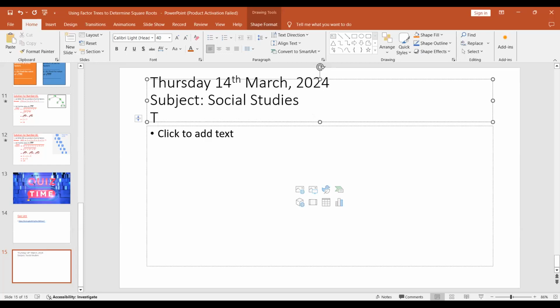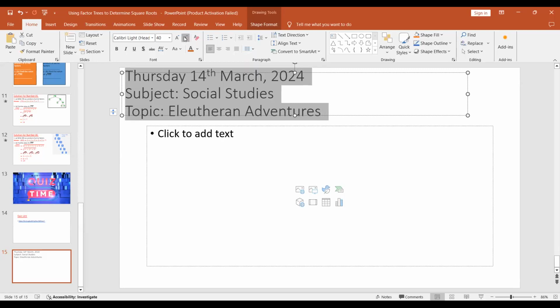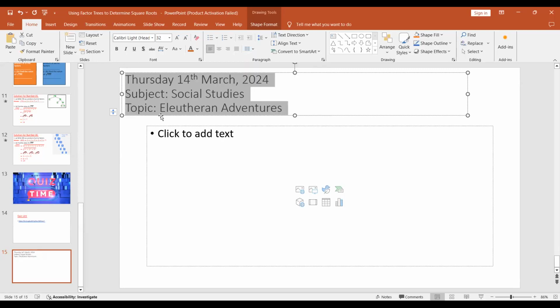And the topic is the Lutheran Adventures. With the Lutheran Adventures, who was their captain? Captain William Sale.